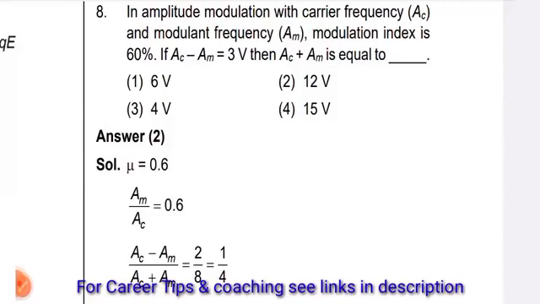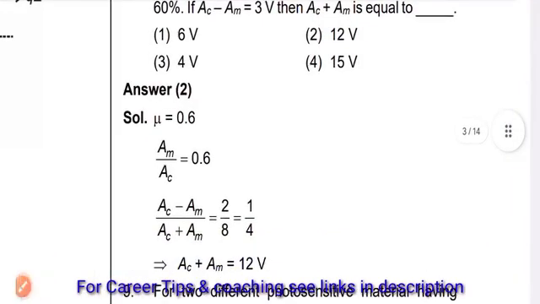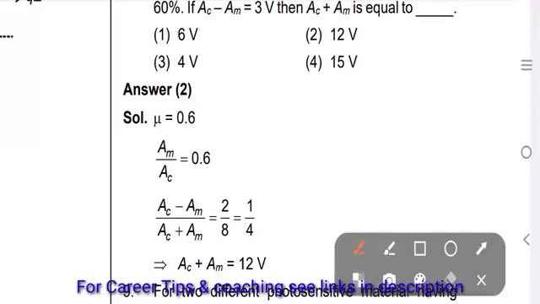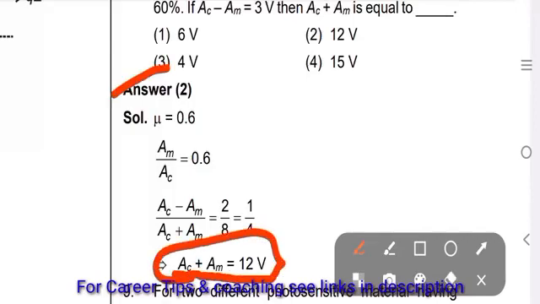So AC minus AM upon AC plus AM is the formula. AC minus AM upon AC plus AM is 2 upon 8, that is 1 upon 4. You get AC plus AM is 12. So answer is 2.